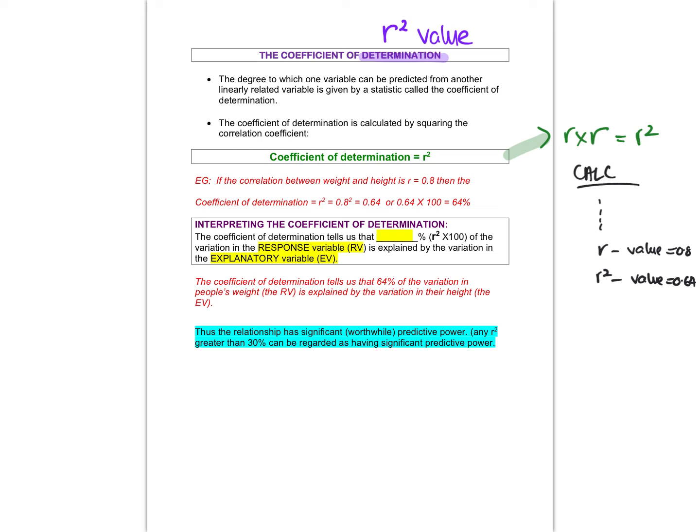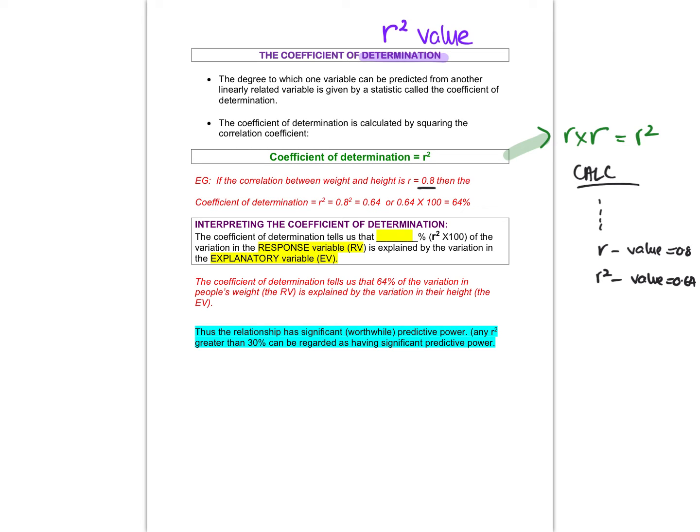Okay, so what does the R squared value tell us? Say for the example of weight and height, it's saying how much of the change in everyone's weight is due to their height changing, okay? So say for example, up here, they said the R value was 0.8.